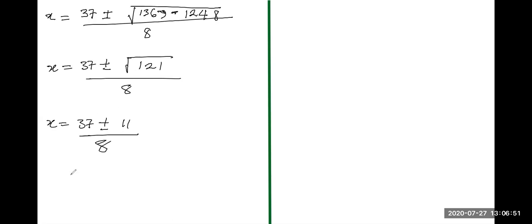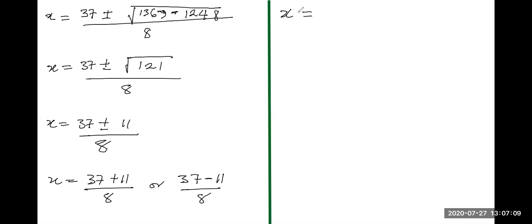At this point, you can separate the different signs. x is equal to 37 plus 11 over 8, or 37 minus 11 over 8. And of course, you finish solving the two of them. What do you have? We have x is equal to 6, or x is equal to 13 over 4 are the answer.